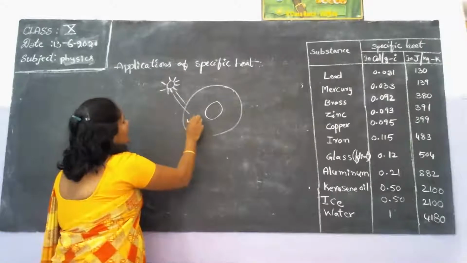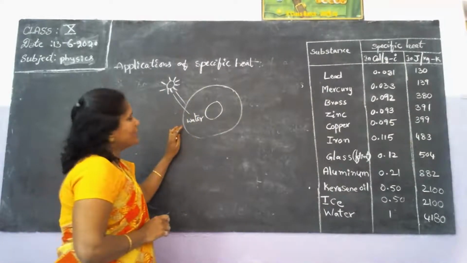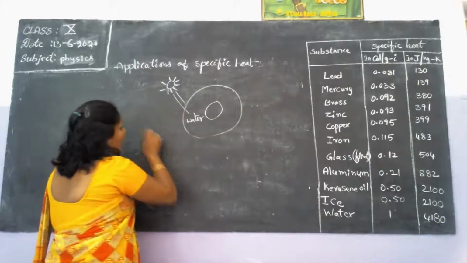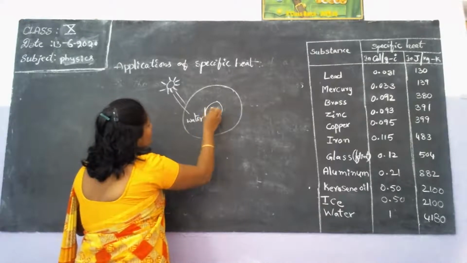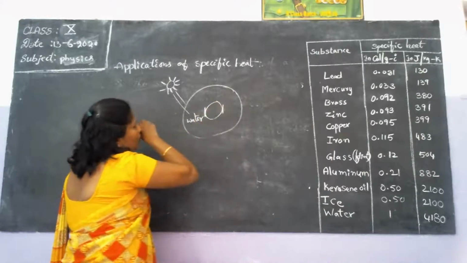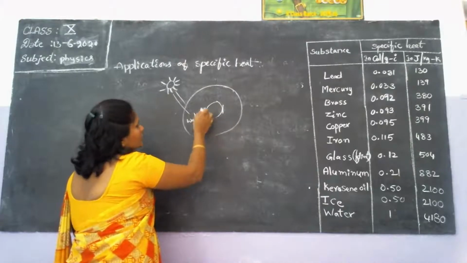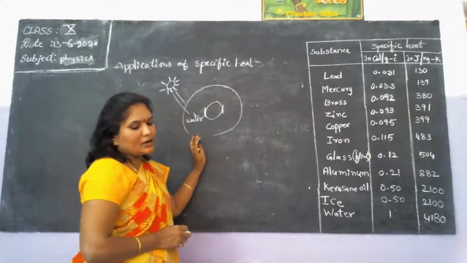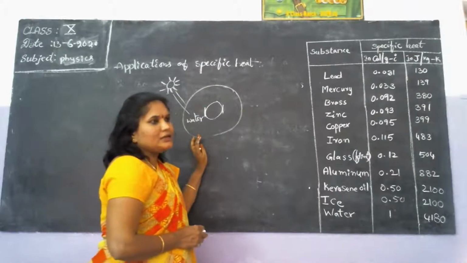The water receives the heat energy because water has a high specific heat. These are the poles of the earth. Here the water will receive a large amount of heat energy.